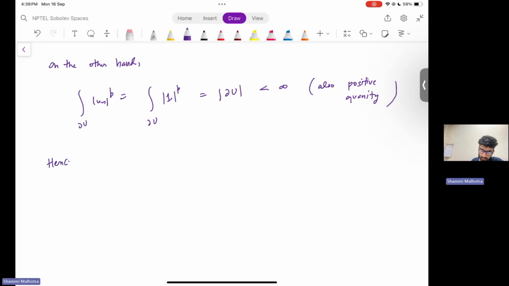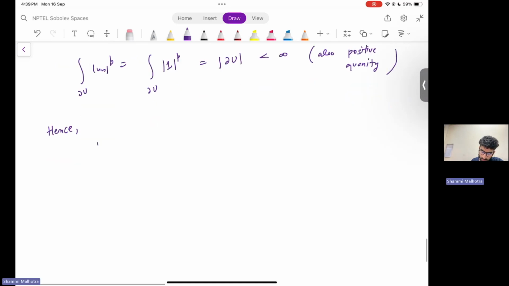Hence, what do we have? We have the norm of T u_n and the norm of u_n. So u_n has L^p norm over u, and this will have L^p norm of boundary over u. And this we know is some constant.